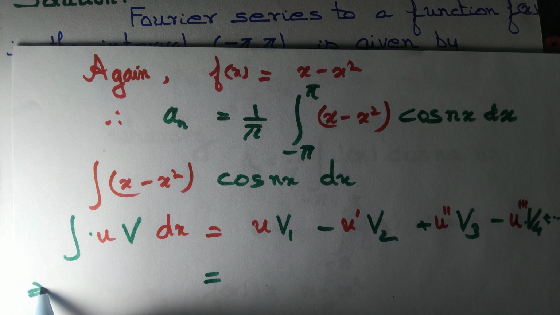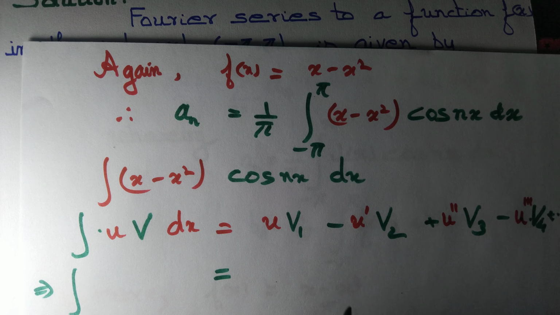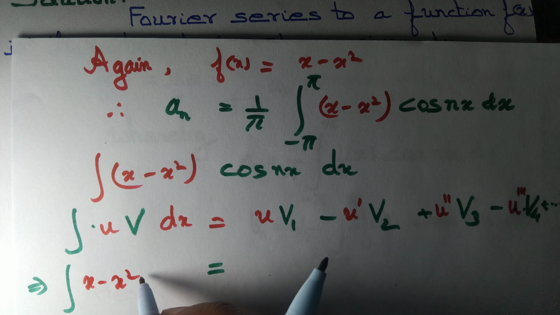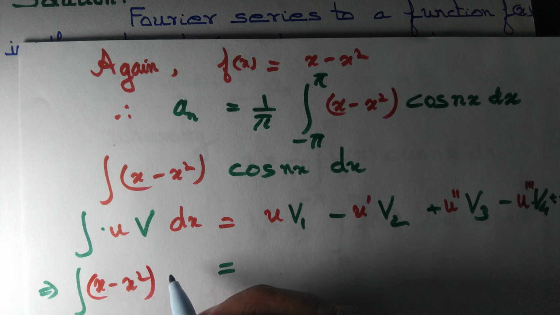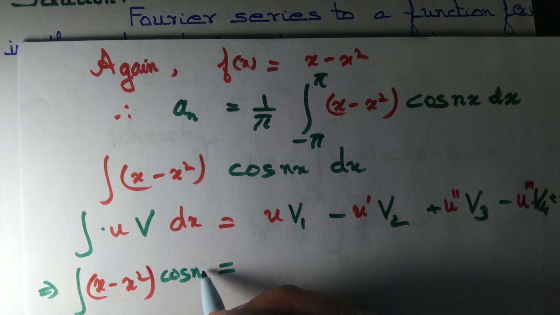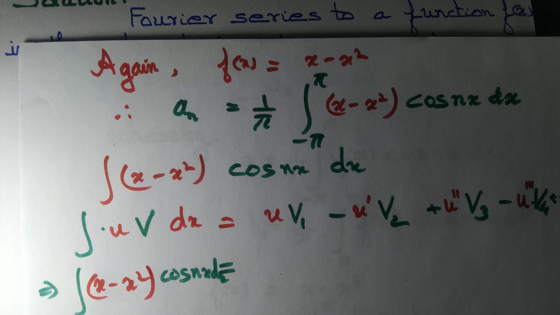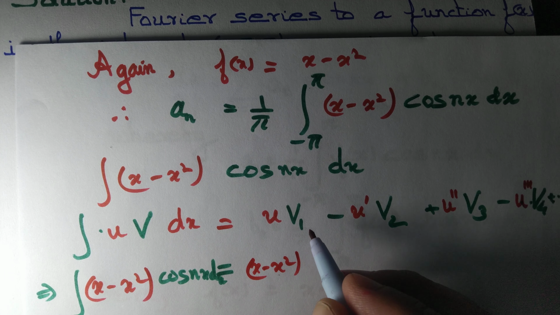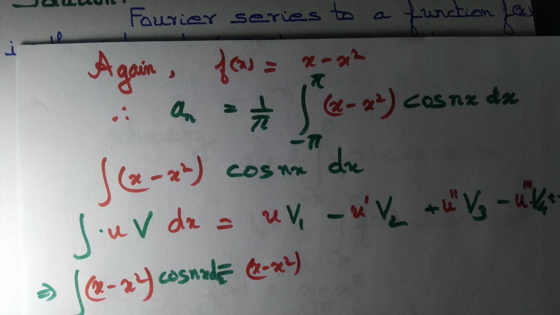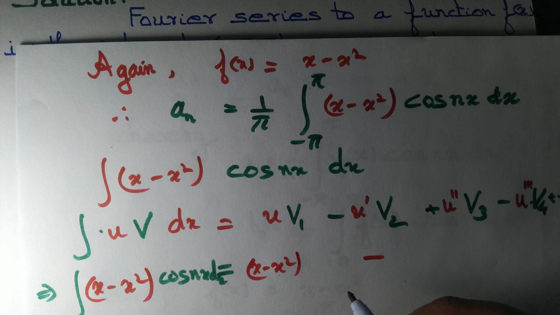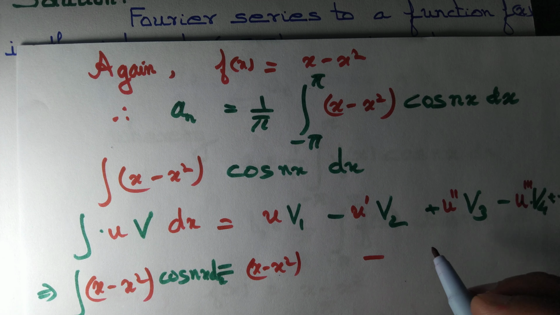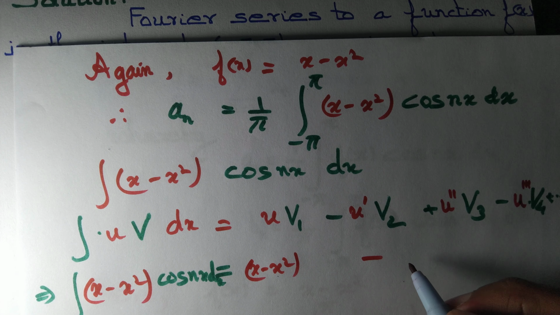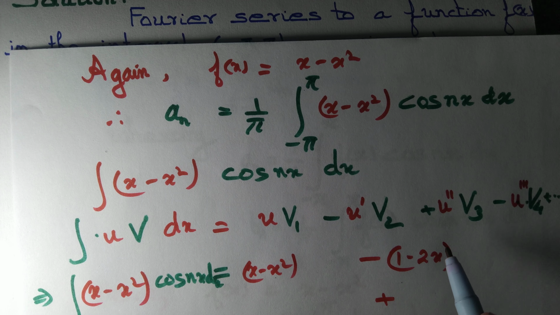Therefore, the integral of (x - x²) cos nx dx equals: u is x - x², times v1, the integral of cos nx, which we will write later on, minus u', the derivative of x - x², which is 1 - 2x, into the integral that we can write later on, plus the double derivative.